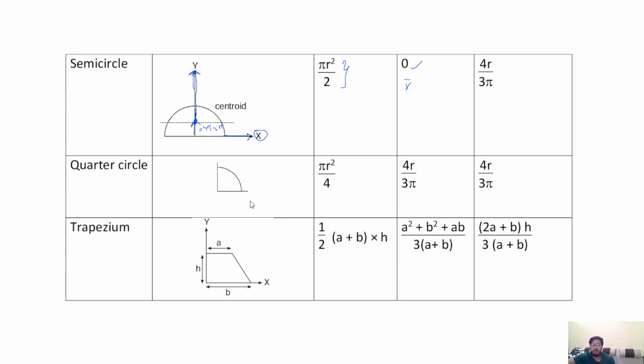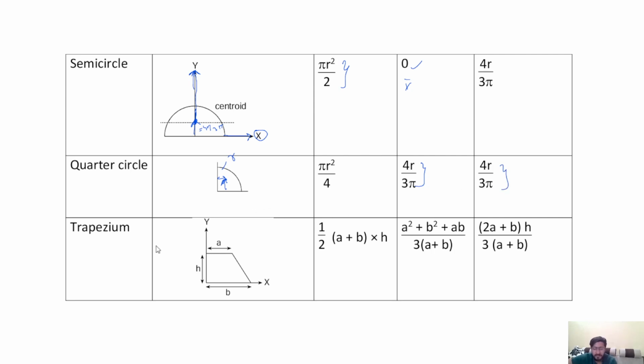And if you consider a quarter circle having radius r, the centroid lies at this point, that means x bar is equal to 4r by 3 pi, and y bar is equal to 4r by 3 pi.